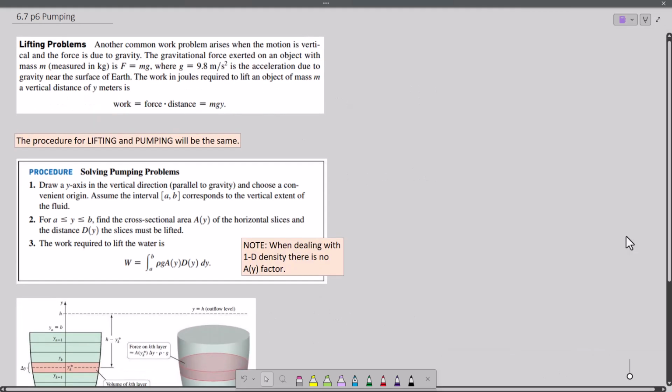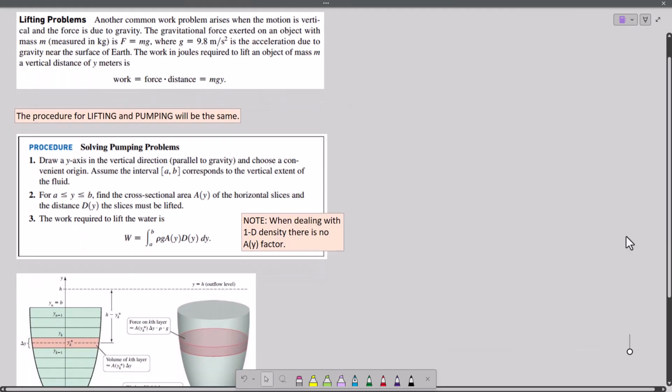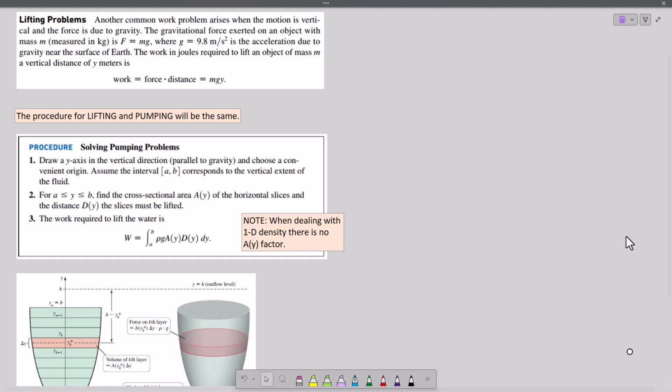So now let's get to the more interesting ones. So we have our basic concept that work is force times distance. So there's our basic concept. And when you're looking at an integral, you can focus on units if you want to make sure that you have the right integrand. Some of these problems can have crazy looking integrands, and the way you check that you're on track is that you have the right units in the integrand.